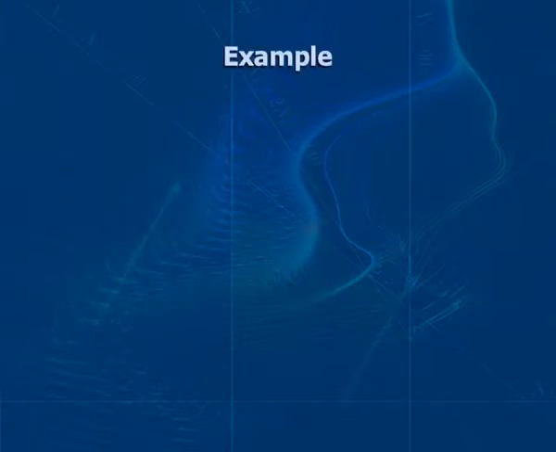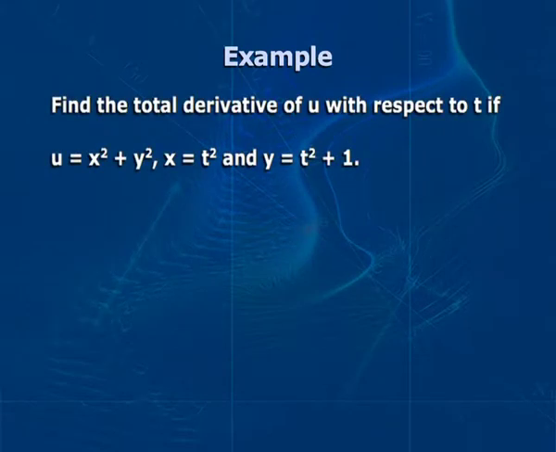Let us take an example. Find the total derivative of u with respect to t if u is equal to x square plus y square, x equal to t square and y is equal to t square plus 1.